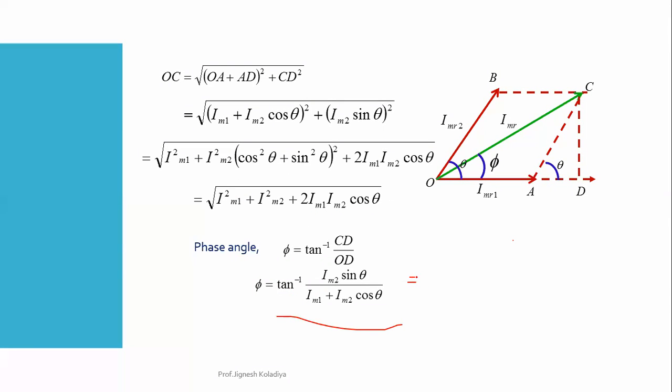You just have to put down the values: tan inverse of Im2 means 10 sine 60 divided by Im1 means 7 plus Im2, that is 10 into cos 60. Solve it. Tell me what is your angle.